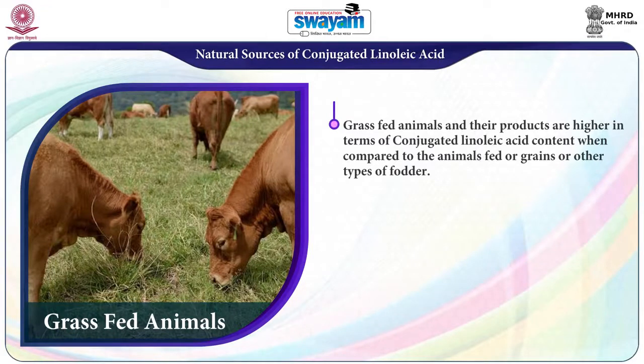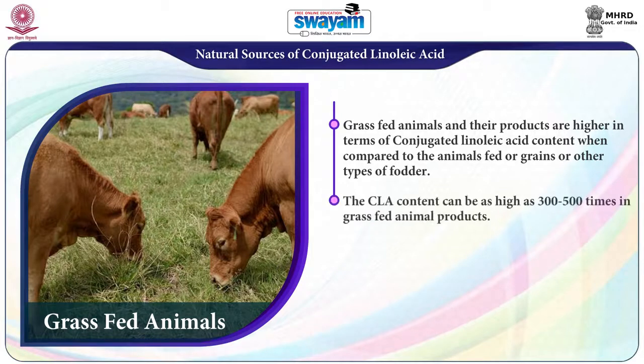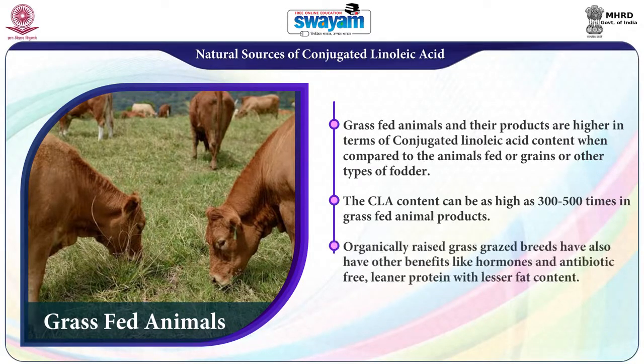Grass-fed animals and their products are higher in conjugated linoleic acid content when compared to animals fed on grains or other types of fodder. The CLA content can be as high as 300 to 500 times in grass-fed animal products. Organically raised grass-grazed breeds also have other benefits like being hormone and antibiotic-free, with leaner protein and lesser fat content.